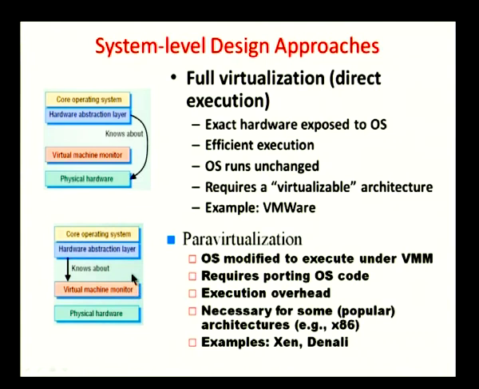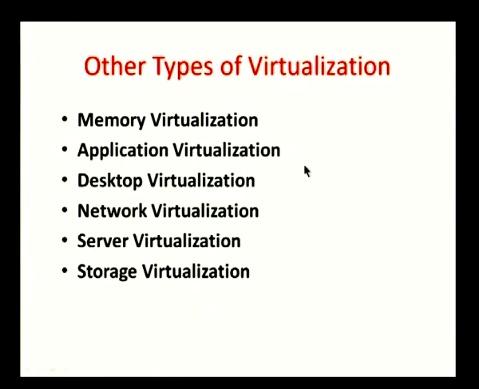That is what people are claiming, because the OS is getting modified. Whereas here, this is contacting the VMM, and in turn the VMM will also interpret those things. So, you have different advantages as well as disadvantages in full virtualization and para virtualization. Now, we have different examples for full as well as para virtualization. Now, let us discuss the other types of virtualization.